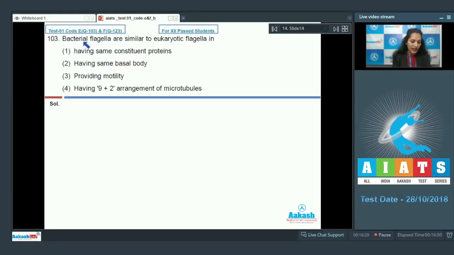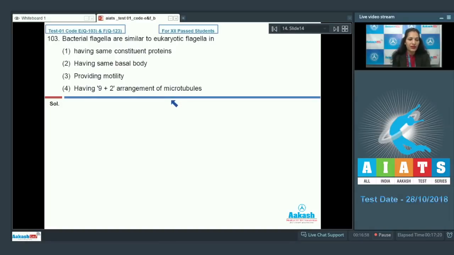Question number 103. Bacterial flagella are similar to eukaryotic flagella in what way? First, having the same constituent proteins. Second, having the same basal body. Third, providing motility. And fourth, having a 9+2 arrangement of microtubules. Prokaryotes and eukaryotes both can have flagella, but they are different in structure.